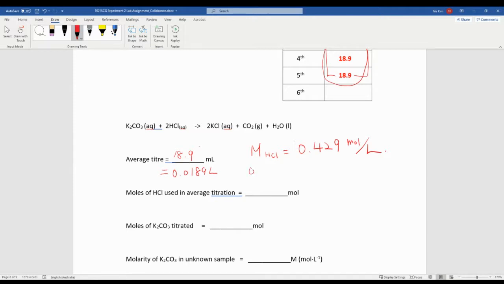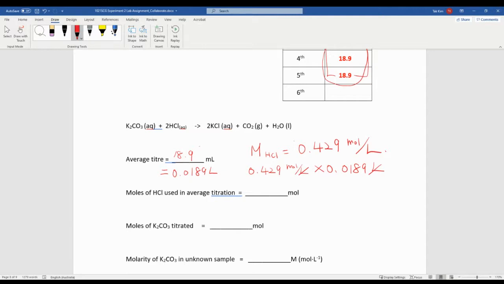So when you do the math operation, let's have a look. 0.492 moles per liter times 0.0189 liters. If it's in mL, you won't be able to cancel liters, right? That's why you also need to convert mL into liters.